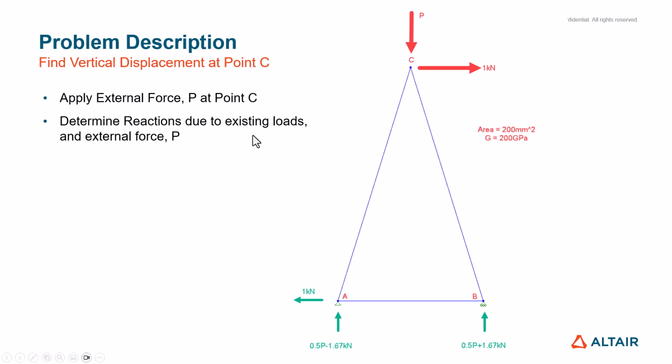With this force P and the existing 1 kilonewton load, we can determine the reactions. Naturally, the lateral reaction is 1 kilonewton, that's just resisting the 1 kilonewton force at the top at point C. For our vertical reactions, we have the value of P factoring in, as well as the reactions from this 1 kilonewton load eccentric to each one of these points.